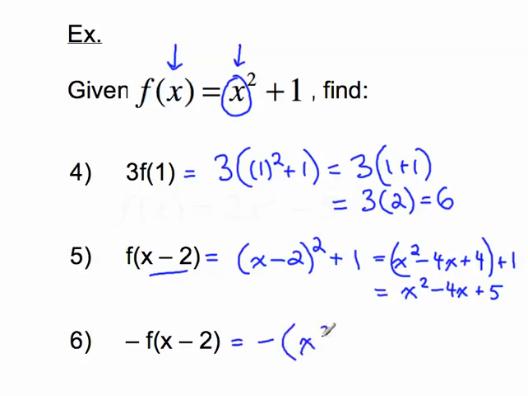So negative f of x minus 2 is equal to negative 1 times x squared minus 4x plus 5. And then distributing the negative 1 to get rid of the brackets, we get negative x squared plus 4x minus 5. Okay, so the negative out front gets distributed throughout.